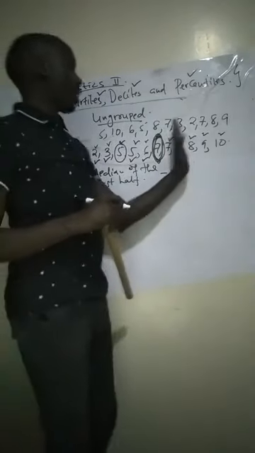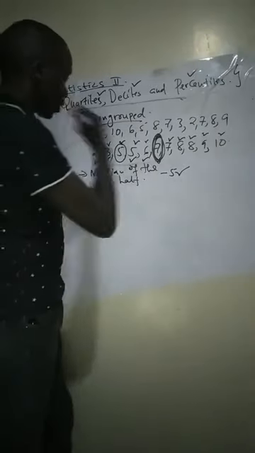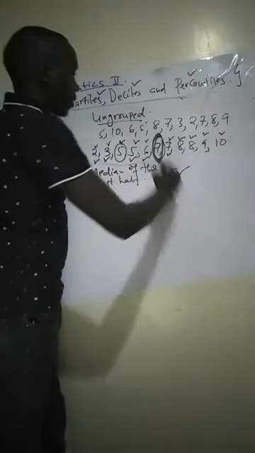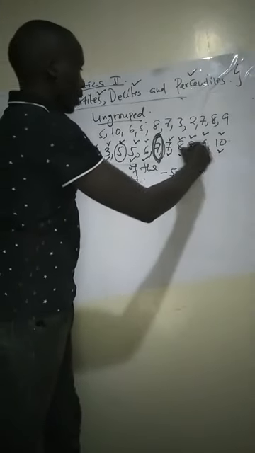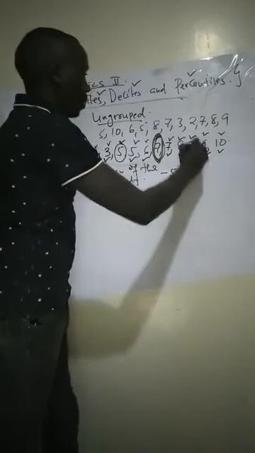Q3 is the median of the second half. So I have 7 cancelling out with 10, 8 cancelling out with 9. So I'm left with 8.